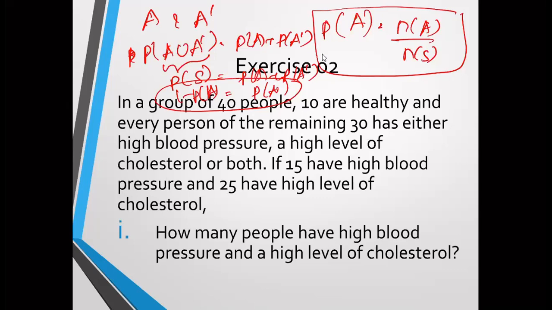First of all, you need to give this information using a Venn diagram. It's not necessary, but it's better. We can draw a Venn diagram to represent this information. Therefore, the first thing is to draw a Venn diagram for this information.